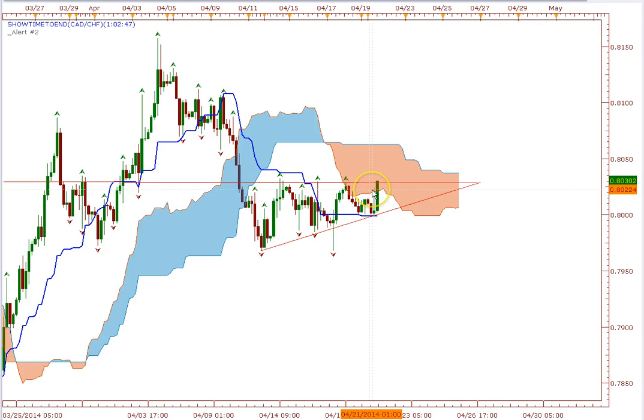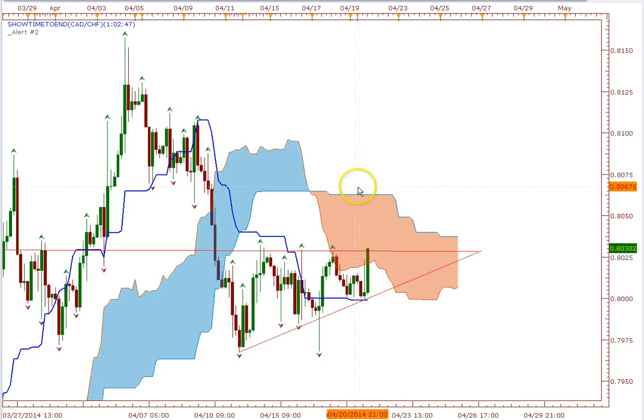We want to get above that Kumo cloud. We want to see the breakout of the ascending triangle pattern, then get above that cloud, and that'll be a nice trade there. And also, you could trade this inside the cloud. You break this level, then you take the trade at this level where it breaks and closes.